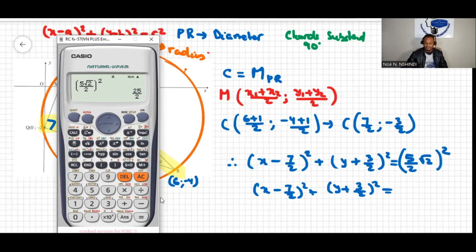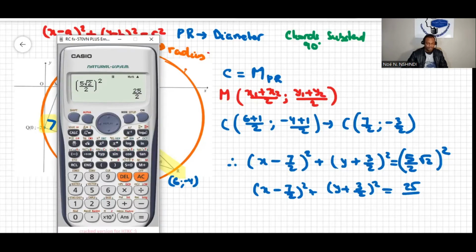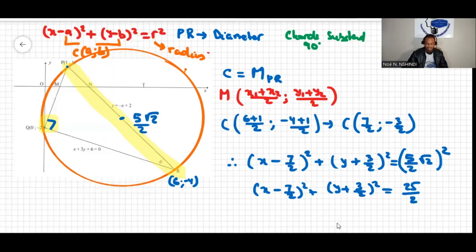This is equal to 25 over 2. All right, so that's the equation of the circle.